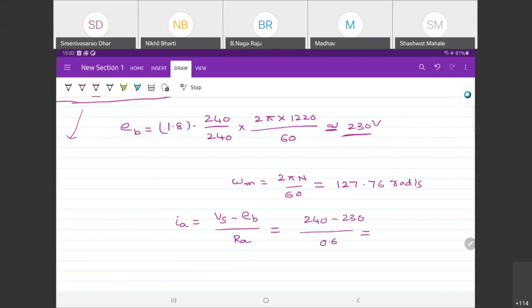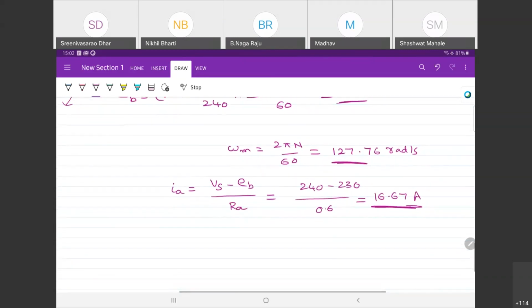What is the answer? 16.67 amperes. So armature current IA is about 16.7 amperes.